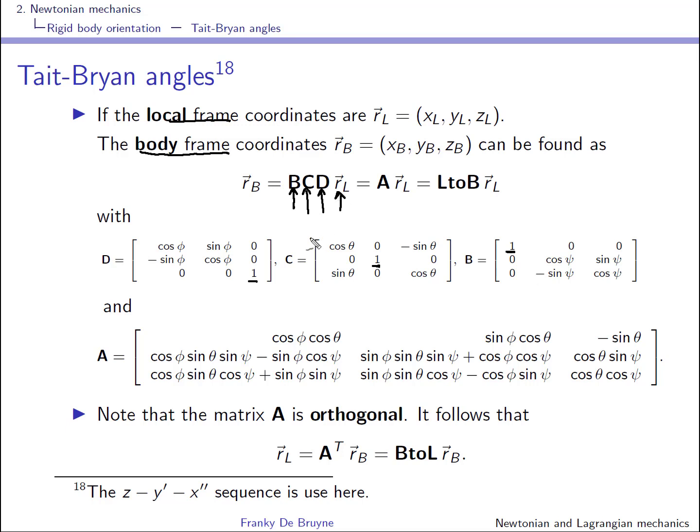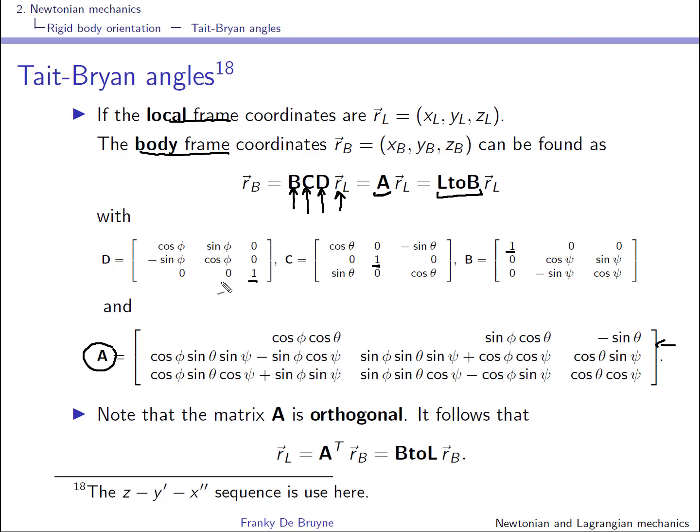Okay, so if you multiply B, C and D, you obtain a matrix A, and very often I'll write L to B, meaning local to body transformation, right? If you do this calculation, B times C times D, you obtain A.